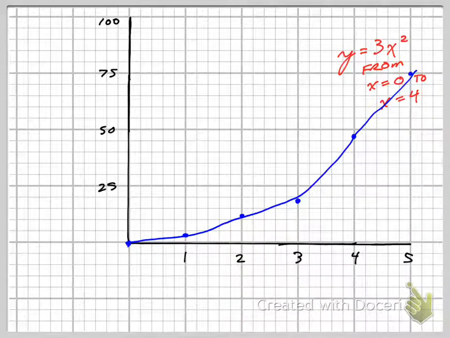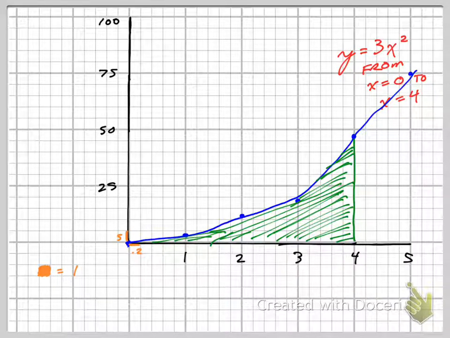That's what you did last year in AP1, right? You counted squares, and we would need to figure out the dimensions of one of these squares, and of course it's 5 up and 0.2 to the right for a total of 1. And then because I told you that we're going to look at it from x equals 0 to x equals 4, we shade in this green region, and that's what we're trying to find the area of.